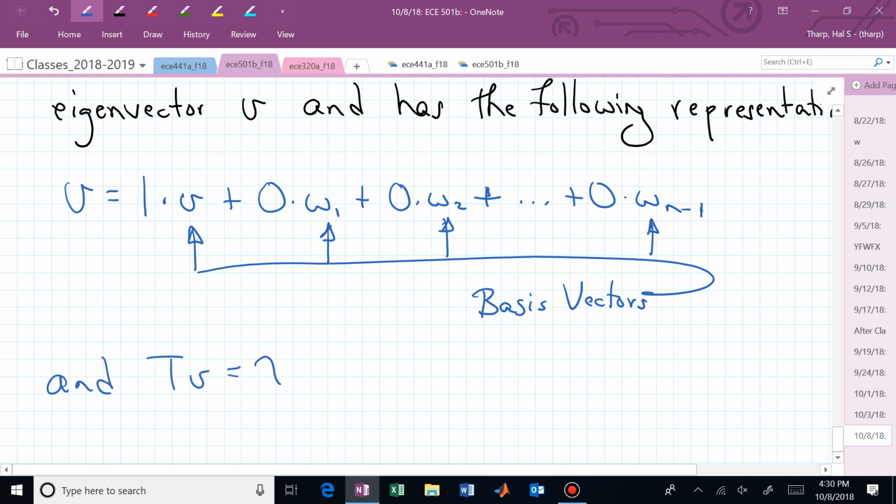And TV is equal to lambda V for V being an eigenvector.